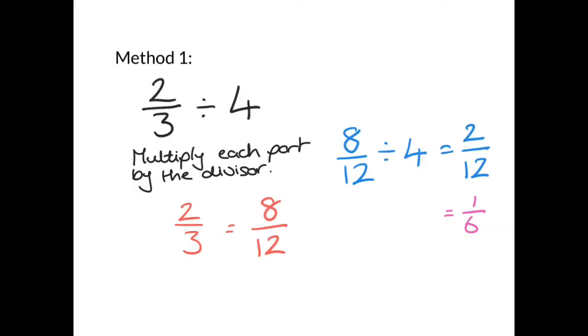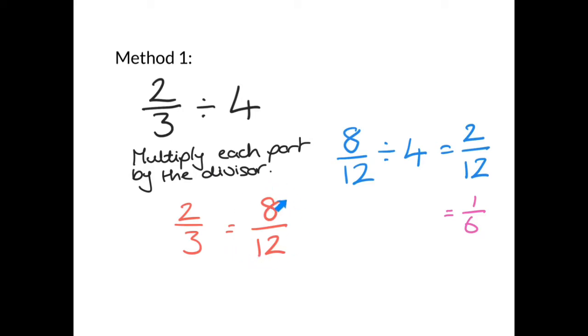To recap each method. The first method is I take my 2/3 divided by 4. I need an equivalent fraction where I know that both parts are divisible by the divisor, and I do that by multiplying each part by the divisor. 2 times 4 is 8, 3 times 4 is 12.